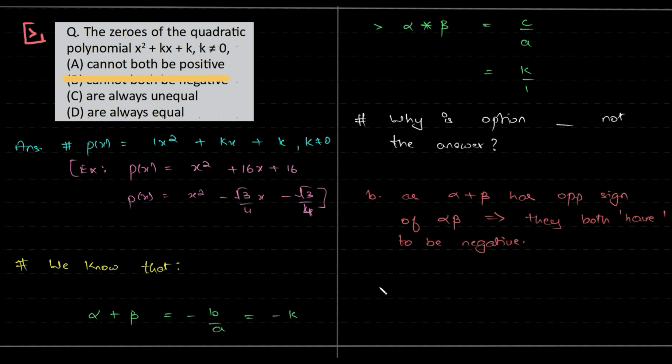Okay. Next thing is we are looking at options C and D. I'll be explaining it with one particular example. Let's consider, again, this is only for your understanding, that alpha is equal to beta. So if alpha is equal to beta, what happens?